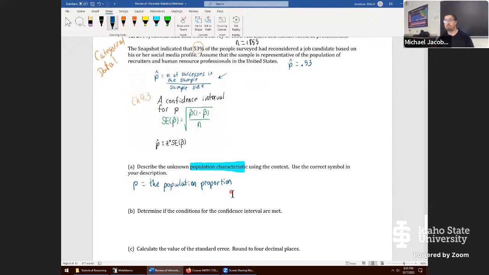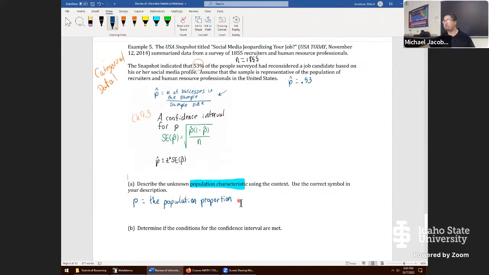This is always the population proportion of successes for categorical data with two outcomes, but we now need to work backwards and say, what was a success? Well, P hat is the sample proportion of successes, so we can use this line. 53% of people surveyed had reconsidered a job candidate based on his or her social media profile, and this is representative of the population of recruiters and human resource professionals.